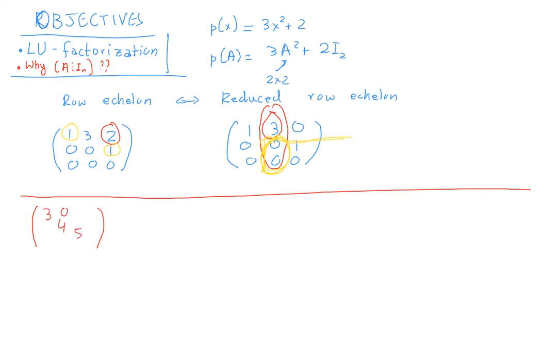So here's an example of a diagonal matrix. All of the off-diagonal entries are 0. So this is a diagonal matrix.